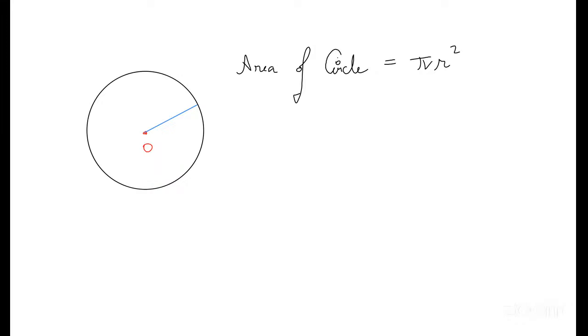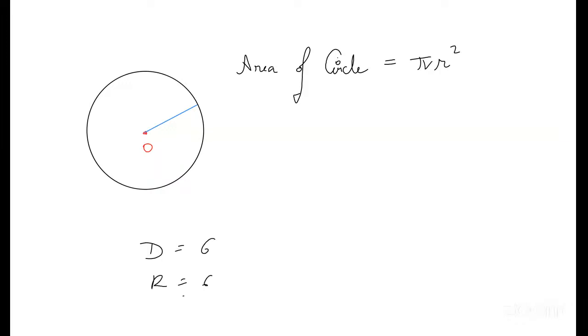All right. So how do you find the area of a circle with diameter? With diameter, we can do diameter by 2 and then whatever we get, we multiply it with itself. Suppose the diameter is given as 6.